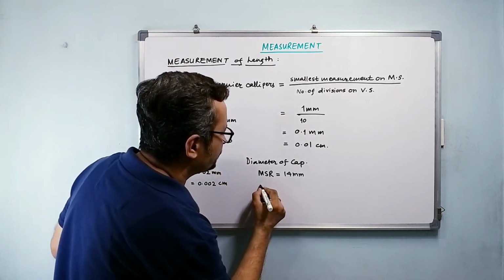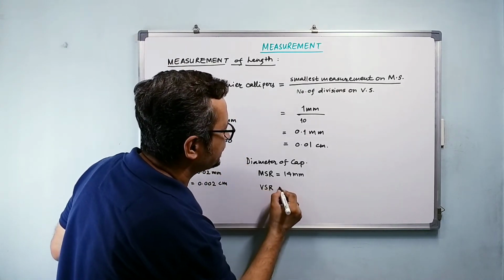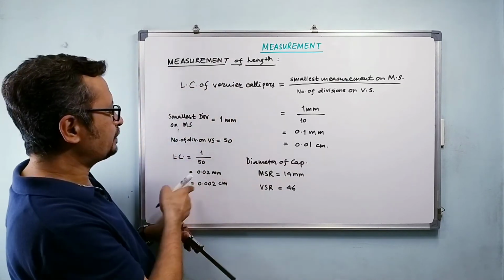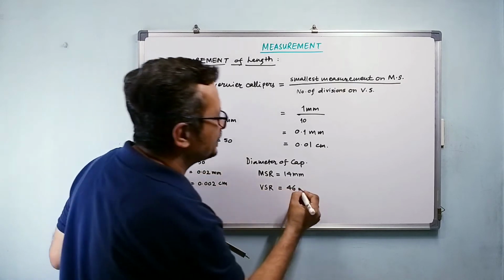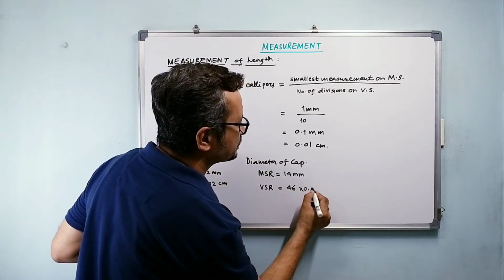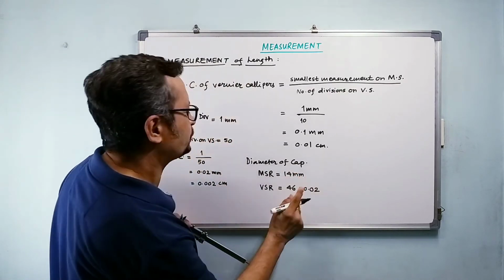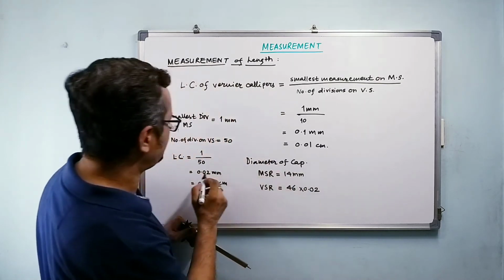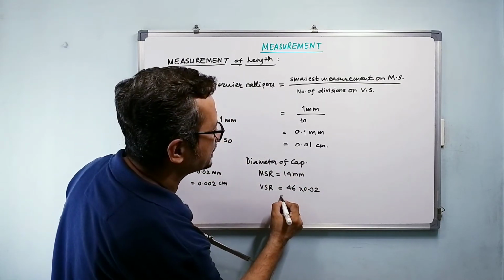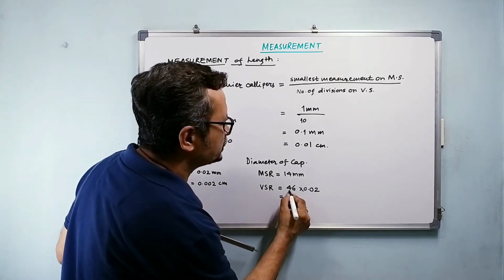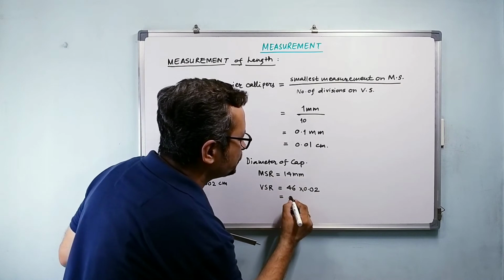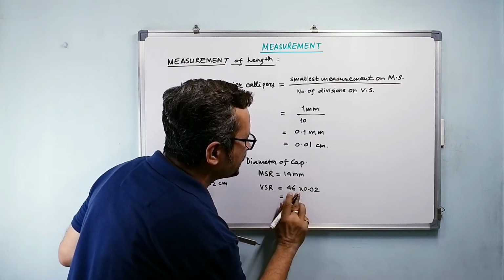So the vernier scale reading is equal to the 46th division, and now I am going to multiply it with the least count, 0.002 centimeter. I am going to write it in millimeter, right? So it is 0.02 millimeter, correct? So it is 46 into 0.02, which is equal to 0.92.